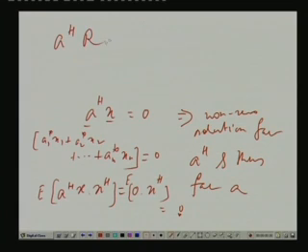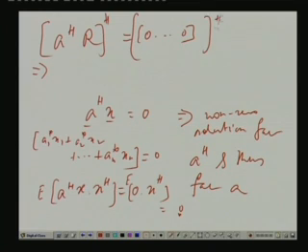A Hermitian comes out, E of x x Hermitian will give you R, the correlation matrix, and that is equal to a zero row vector. Now, if you take the Hermitian transposition of both sides, what you get is R Hermitian, which is R, and A Hermitian, which is A. R A is equal to a vector consisting of zeros.